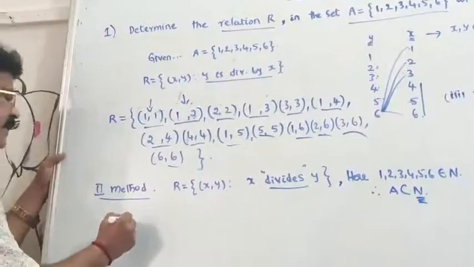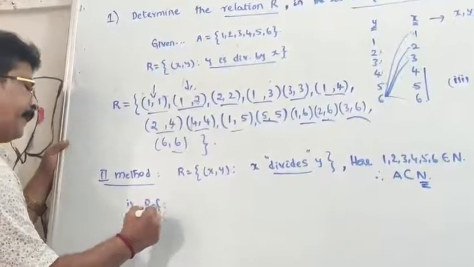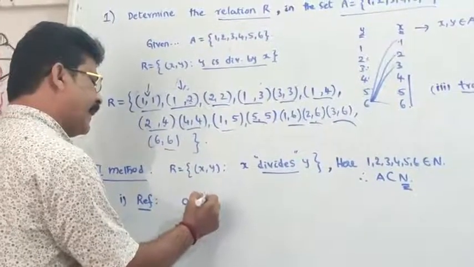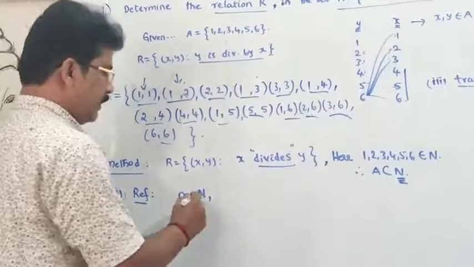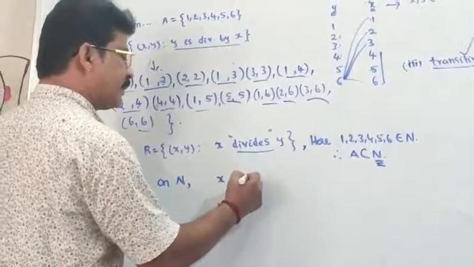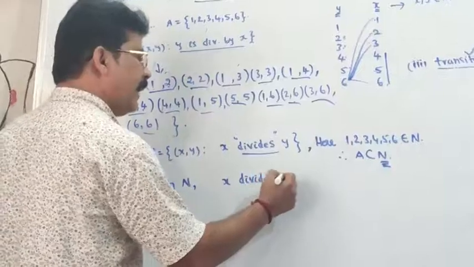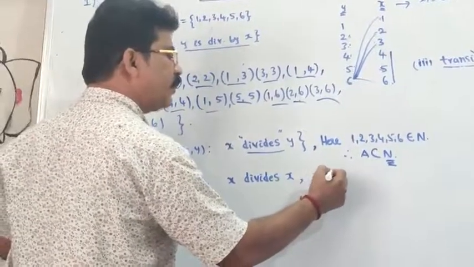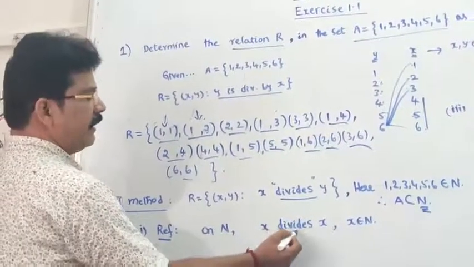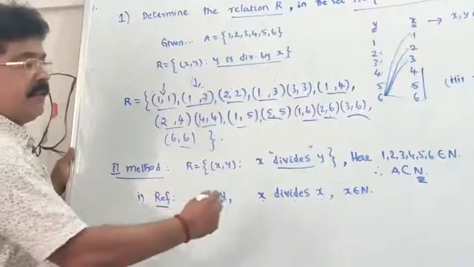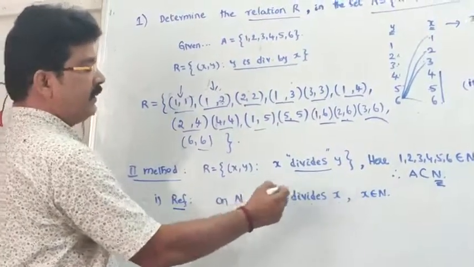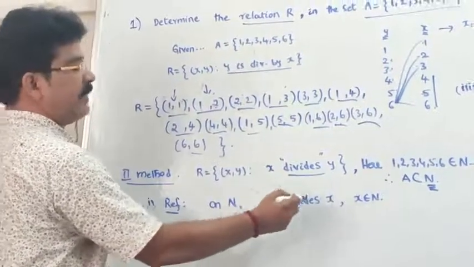So first, verification of the reflexive property. On capital N, the natural number set, x divides x. Every number divides itself: 2 divides 2, 1 divides 1, 3 divides 3, 4 divides 4, and so on.